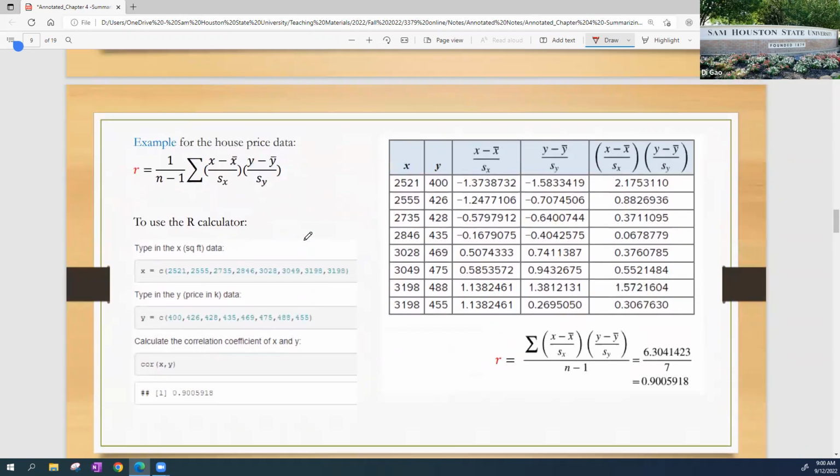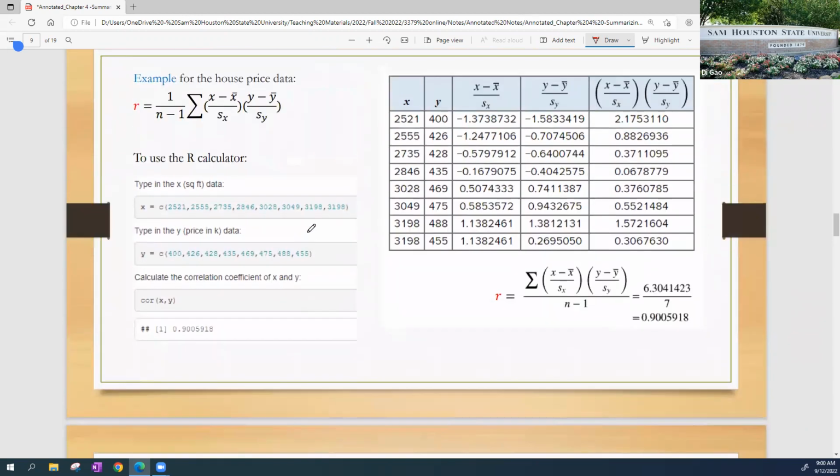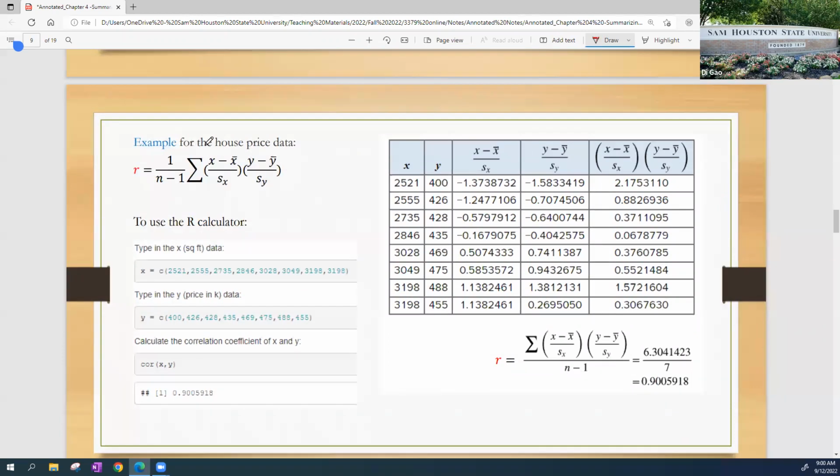Let's look at one example here for the calculation. The example is for the house price data. So we have the formula for how to calculate the correlation coefficient. List all the x and y information here, and then we can calculate x minus x bar over sx and y minus y bar over sy, and then the product. We need to take the sum of all those and divide it by n minus 1.